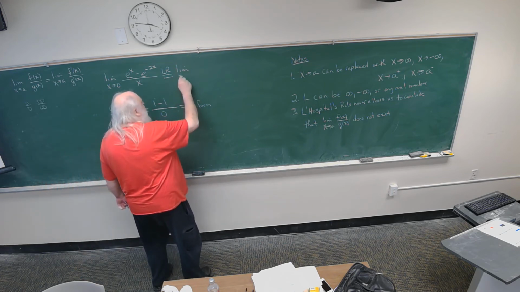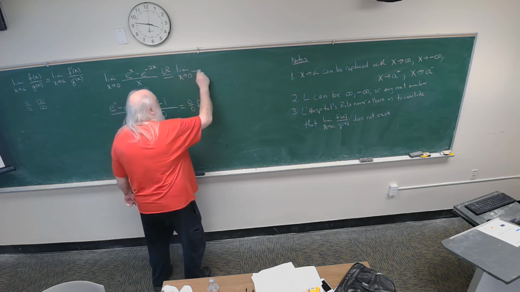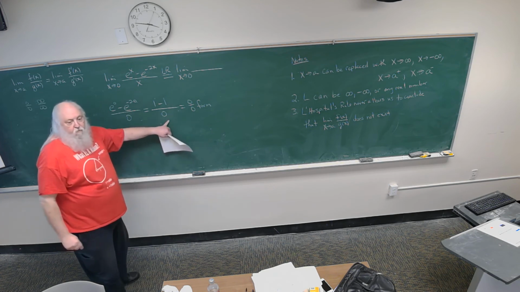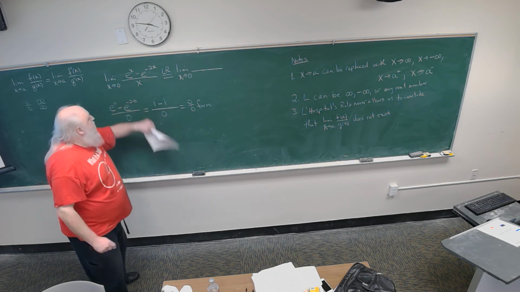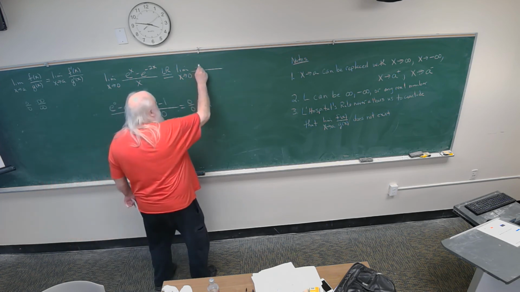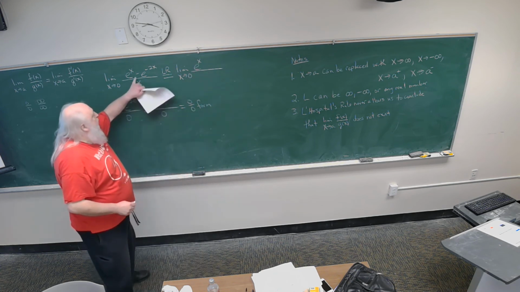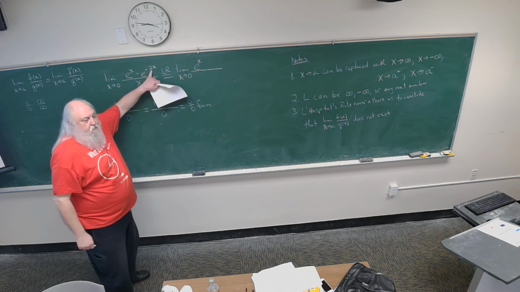L'Hopital's rule says I can differentiate the numerator and the denominator, since it's 0 over 0 form. The derivative of e to the x is e to the x. Then minus the derivative of e to the minus 2x.